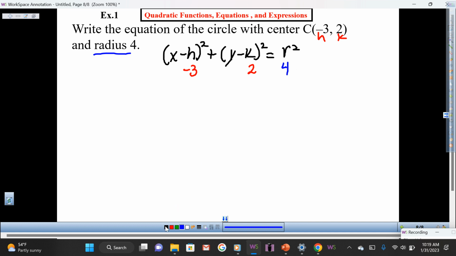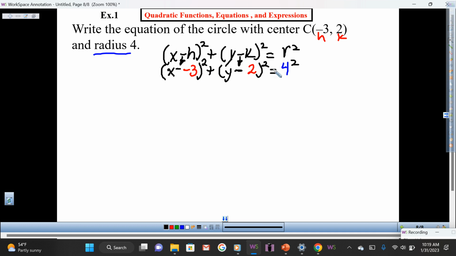And then just bring everything else down. Bring the parentheses. Pay attention to this part. X, bring the negative down, this negative right there, parentheses squared. Parentheses y, bring the other negative, squared equals 4 squared. All right?